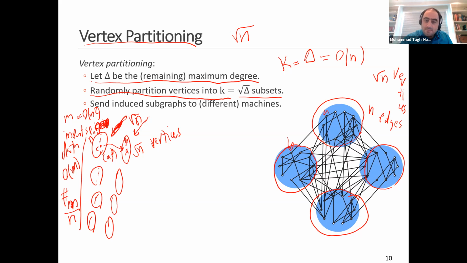So each computer, on the subgraph that it has, just runs that previous greedy maximal matching. That's the algorithm, a very simple thing.